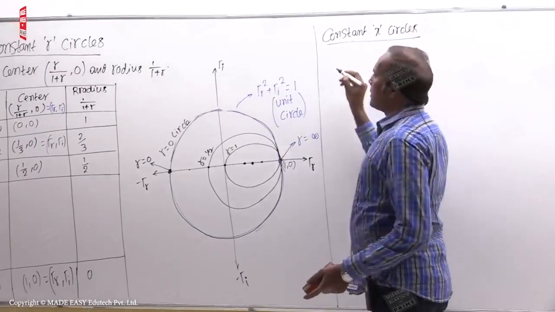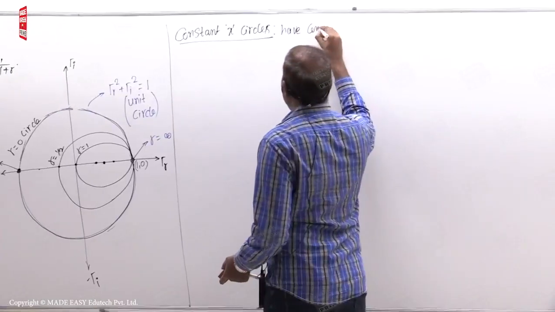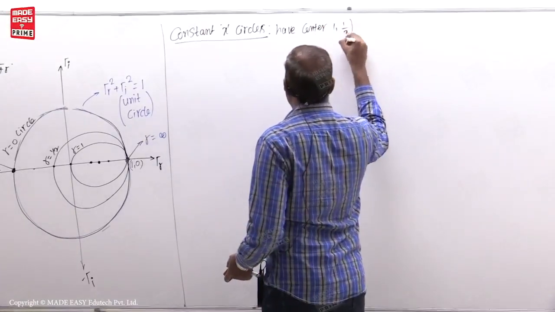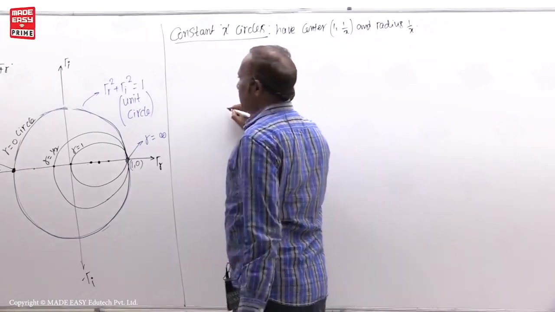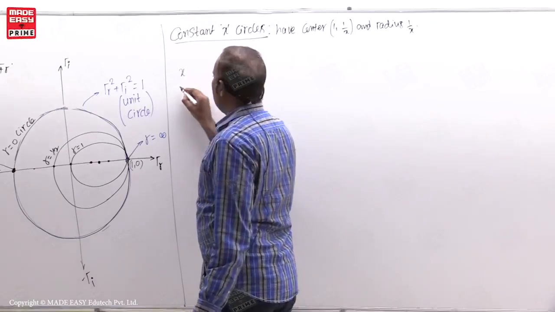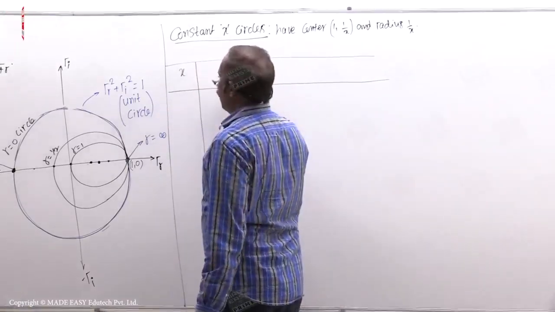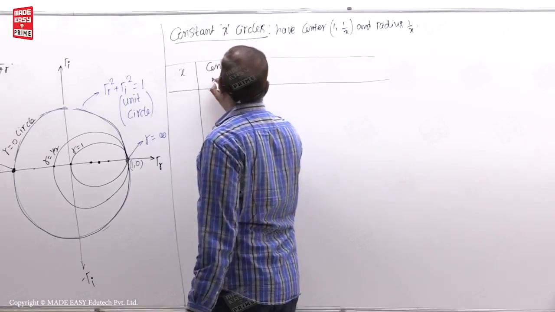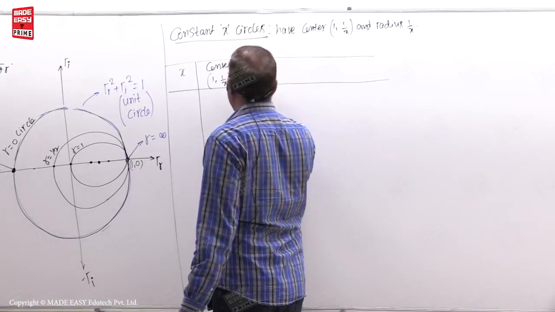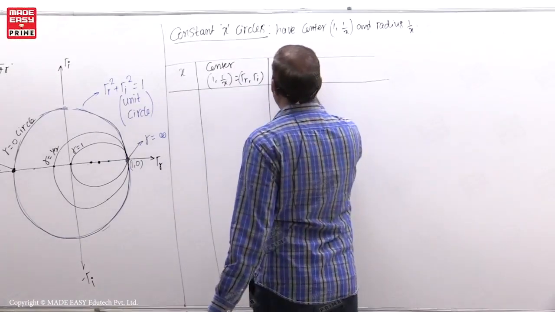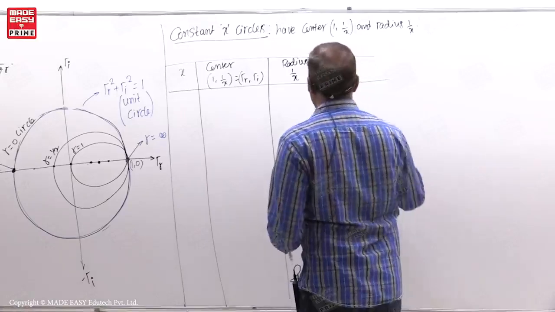Students, constant X circles have center 1 comma 1 by X and radius 1 by X. So you take the X value here, then the center is 1 comma 1 by X, and that is nothing but gamma R, gamma I. Then the radius is 1 by X.